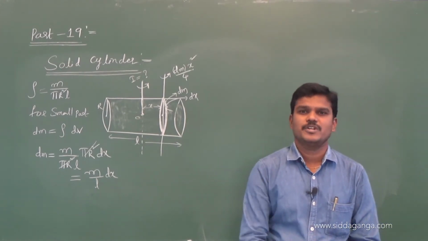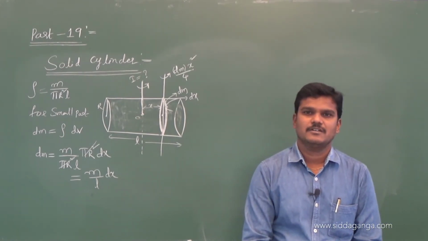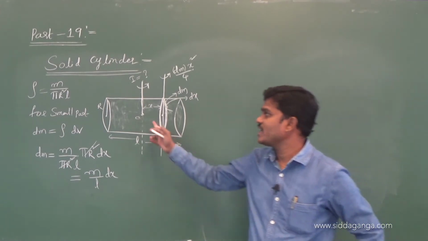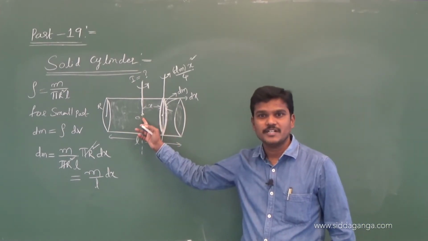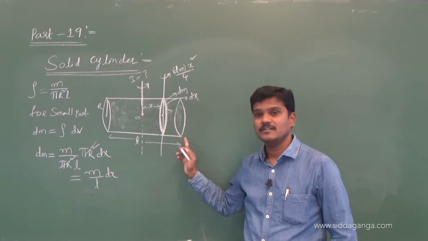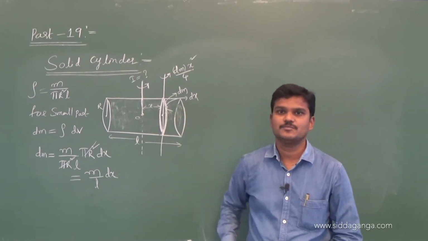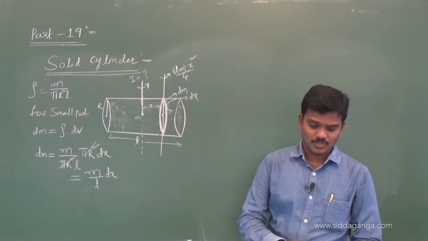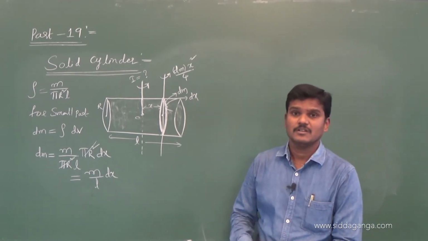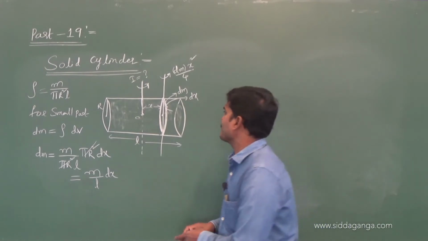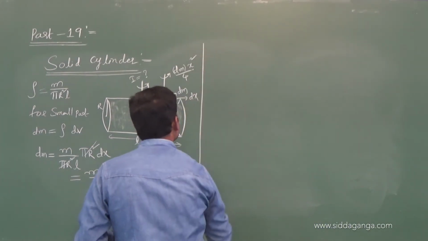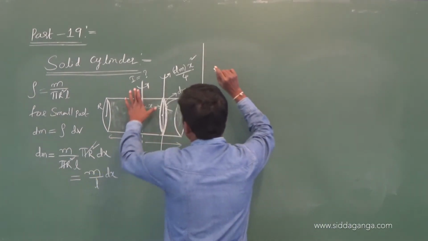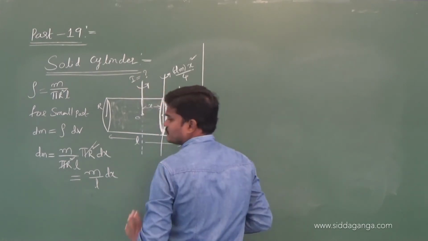Now let us see how to get the moment of inertia of a solid cylinder about an axis passing through the center perpendicular to the length. Now use the formula. This is like the parallel axis theorem.